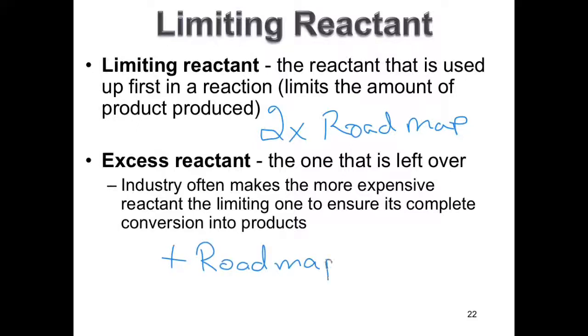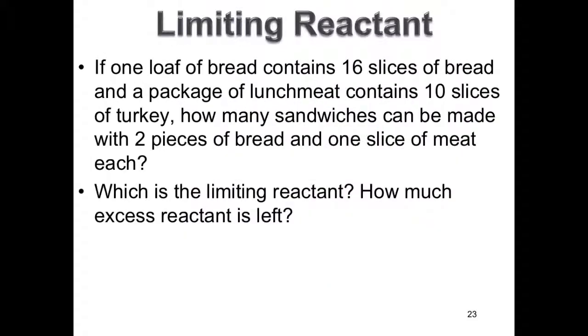So a complete problem would be to use the roadmap to help us find the limiting reactant by going through it 2 times and then going through it 1 more time to find out how much there is of excess reactant. One note here, reactant is often used synonymously with reagent. So if you hear the term limiting reagent, it's the same.